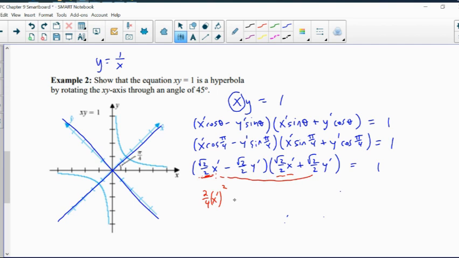So that's plus 2/4 x prime y prime. But then look here, minus 2/4 x prime y prime. That's fantastic. Notice these are going to cancel. And then our last two terms, minus 2/4 y prime quantity squared equals 1.